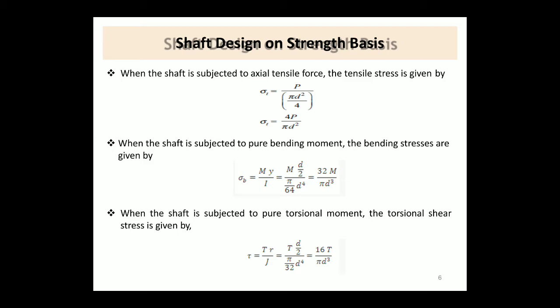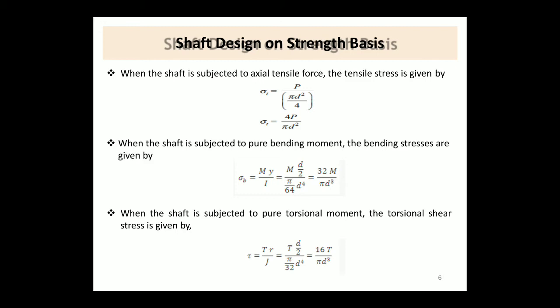When a shaft is subjected to an axial tensile force, the tensile stress can be found using the equation sigma equal to P upon area. Here P is the tensile force and sigma is the tensile stress.